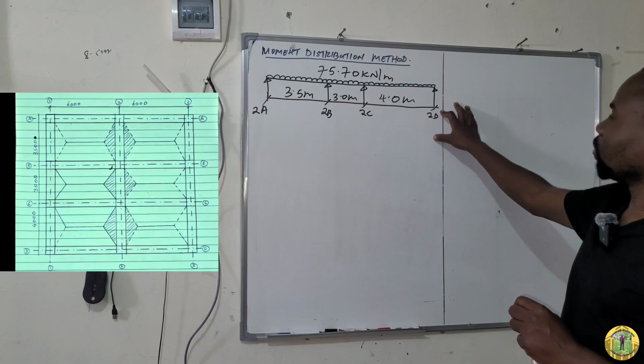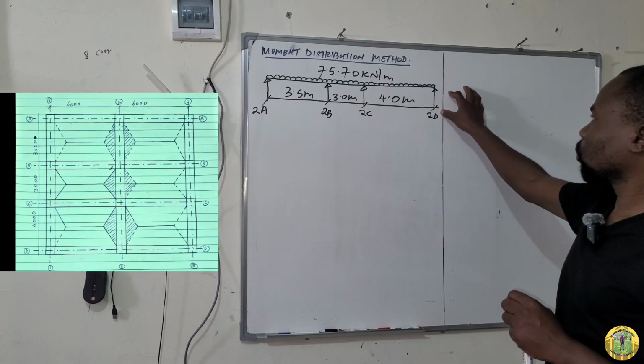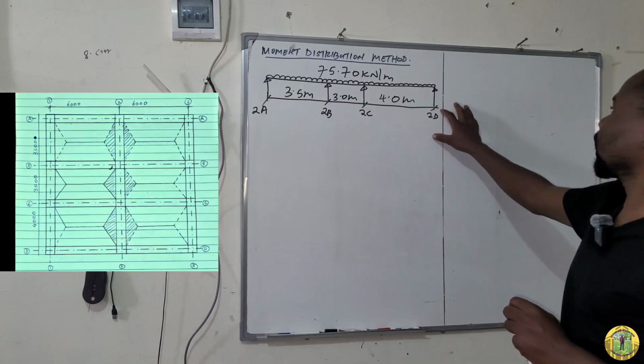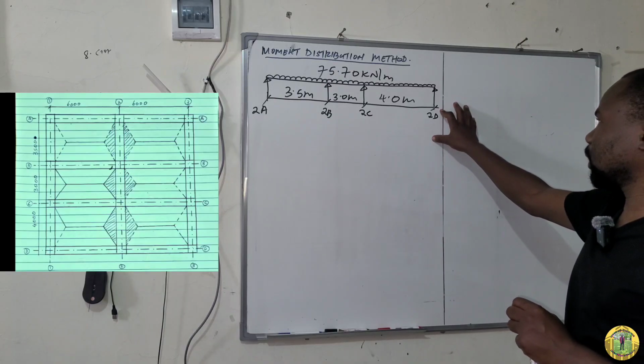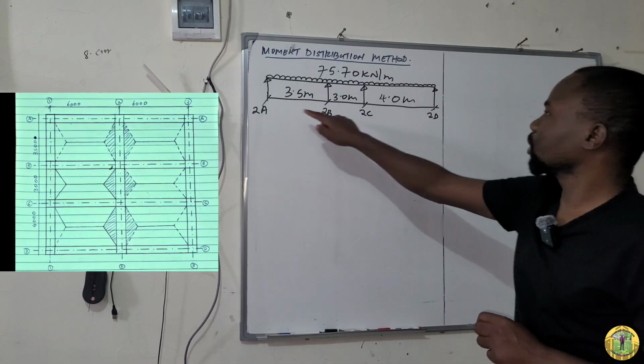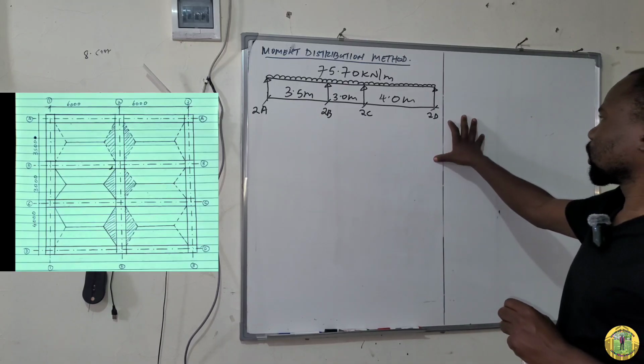For this case, we begin by assuming our end support is simply supported, carry out the analysis and draw the shear force and bending moment diagram. The second one is to assume these end supports are fixed.